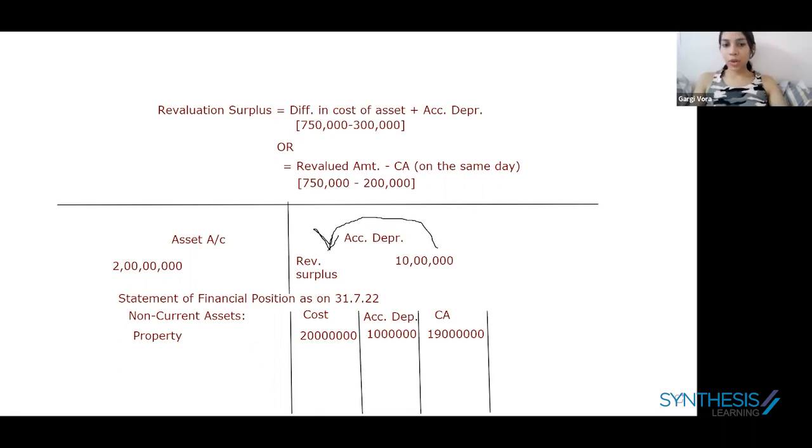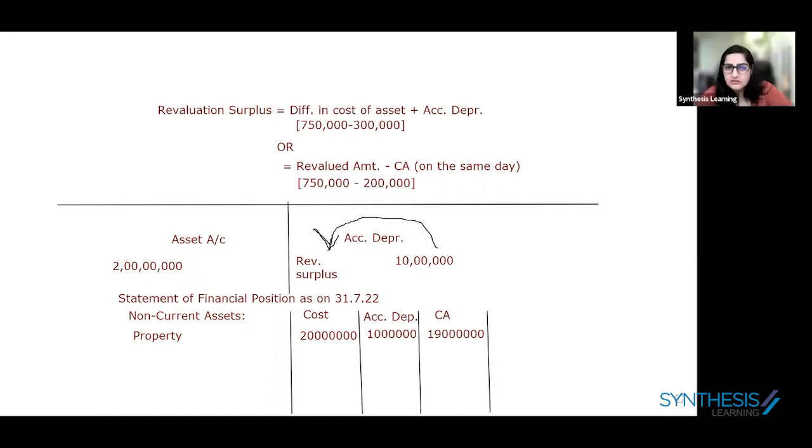In the first formula, the values we have written are not correct because there is addition and we subtracted. In the first formula of revaluation surplus, we have to add the accumulated depreciation.